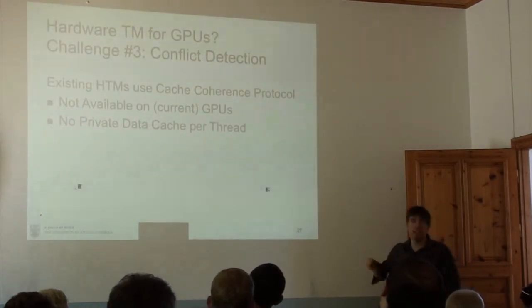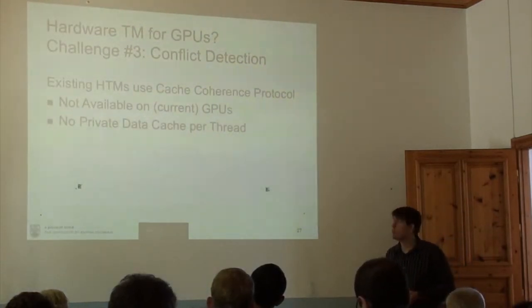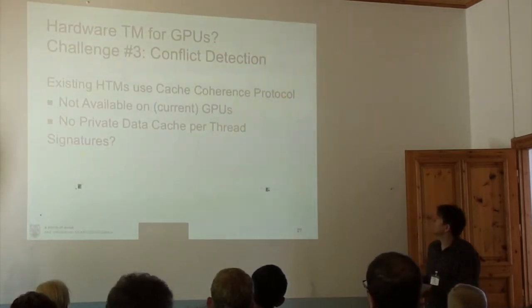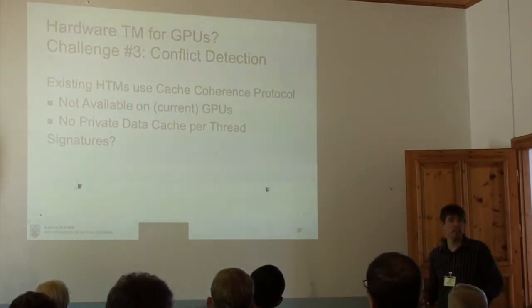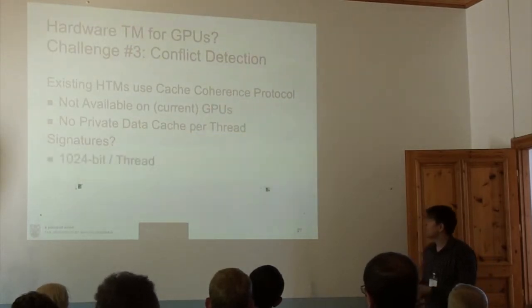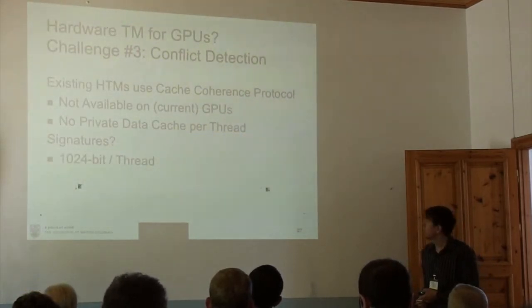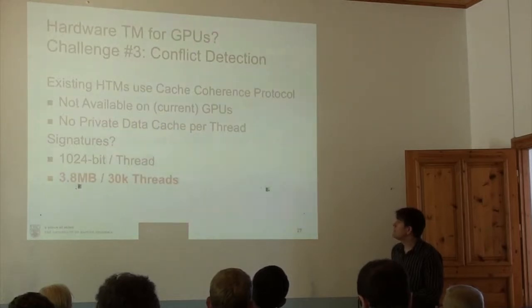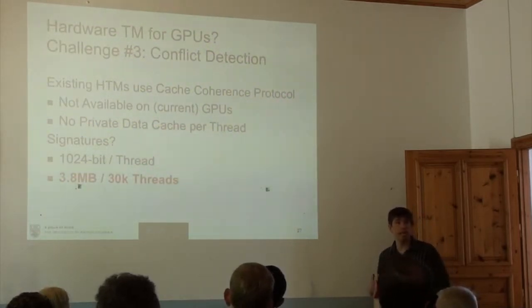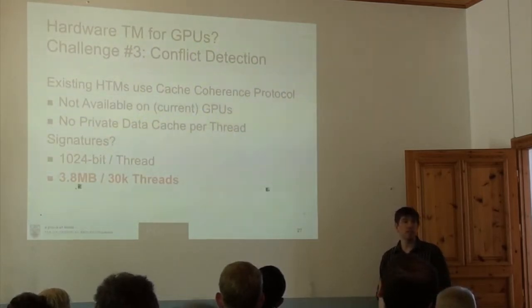And that's not exactly the way you probably want to implement cache coherence on a GPU. So what about an alternative to using cache coherence for conflict detection, like signatures? Again, that was something that was being well studied for CPUs, and it turns out you need about 4 megabytes of SRAM to hold all those signatures. So again, this solution doesn't work for GPUs. It conflicts with the efficiency goals.